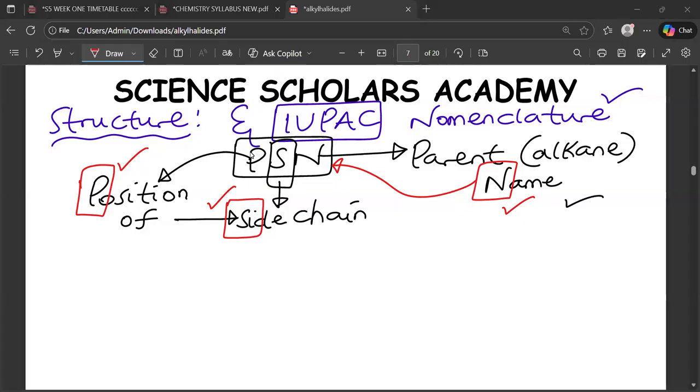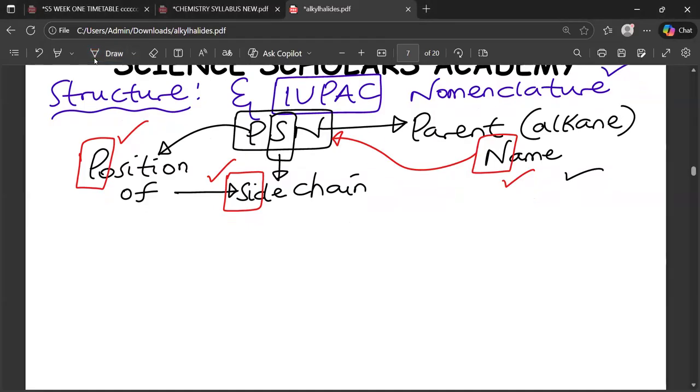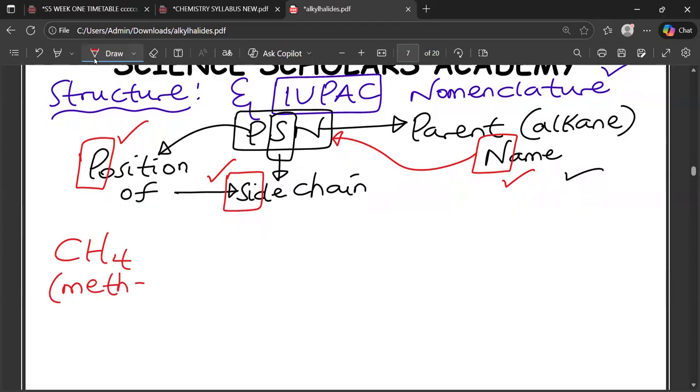So let's first do first principles and see if it will help us. So, you all know that when you get this, which is methane, we come up with this structure.